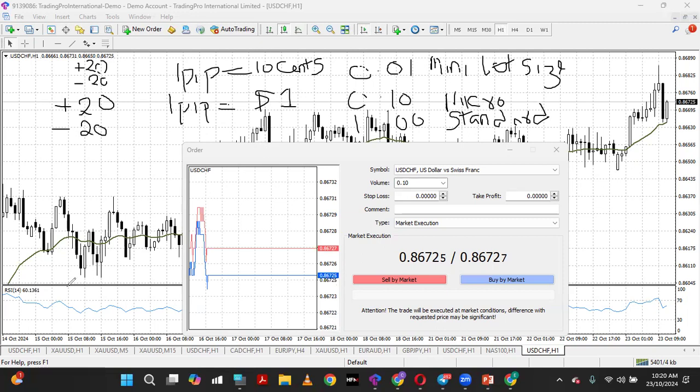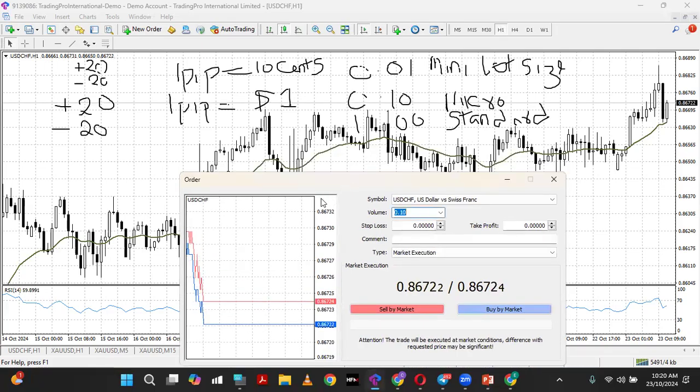So then the other part is a standard. Let me clean this. So on a standard account, 1 pip on a standard account is equal to $10.